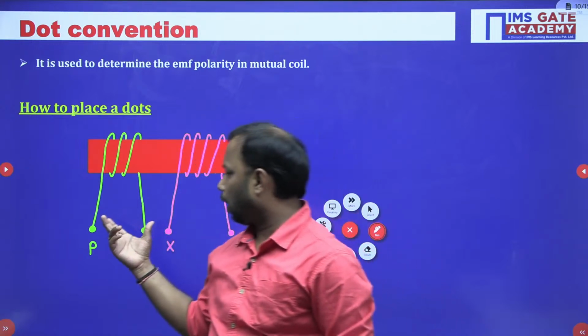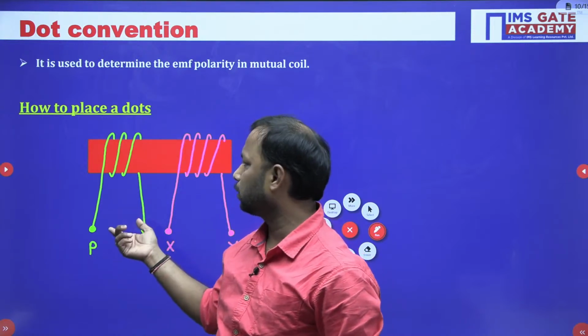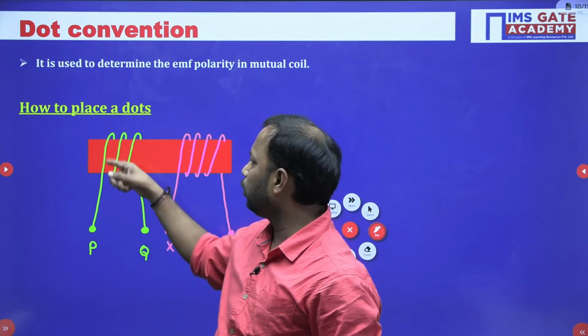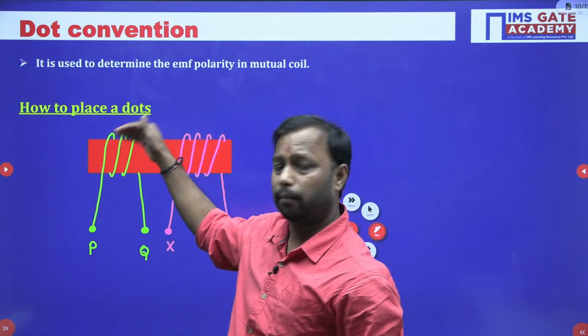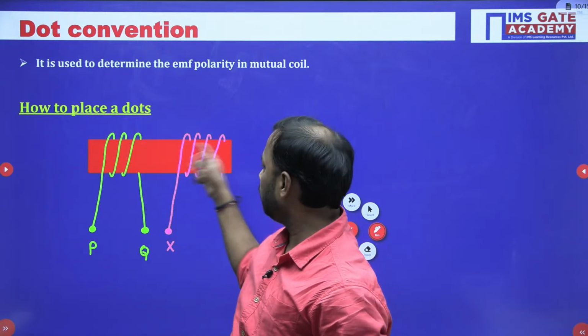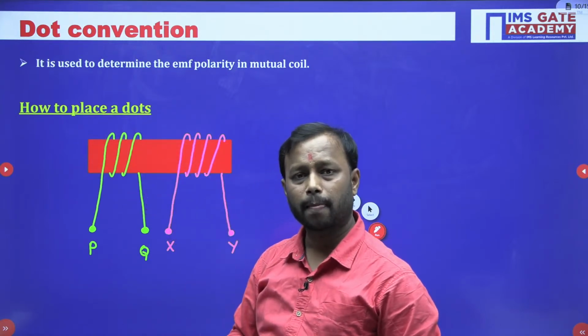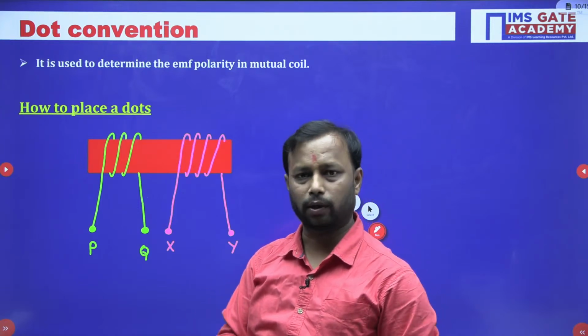Suppose in one coil a voltage or a source is given, then the flux is produced in that coil, and that flux is going to induce an EMF in the another coil as well. That is nothing but the mutual EMF or mutual flux.